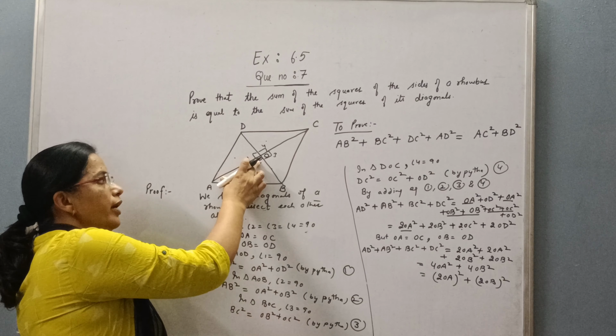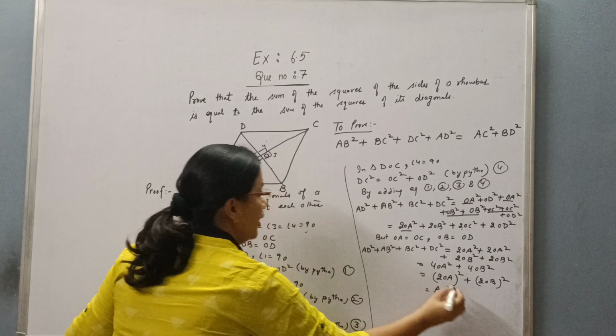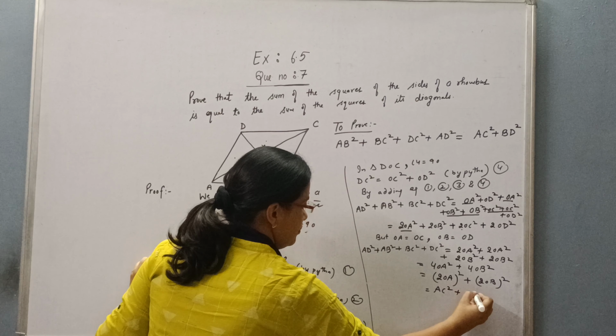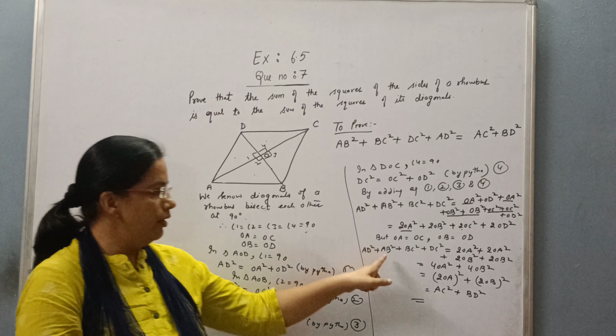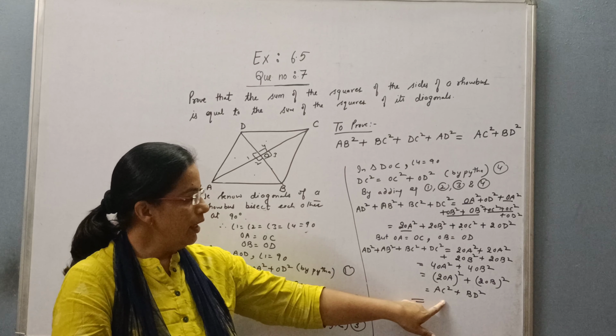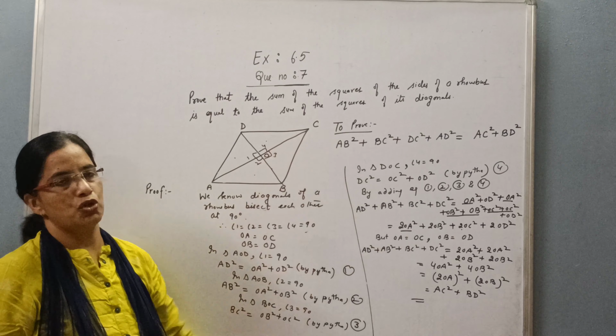Now double of OA will become AC and double of OB will become BD. So finally AD square plus AB square plus BC square plus DC square is equal to AC square plus BD square, and that was our question.